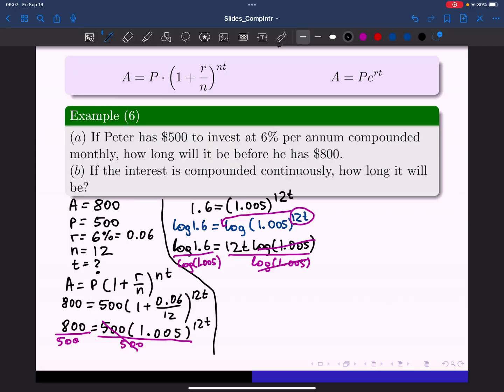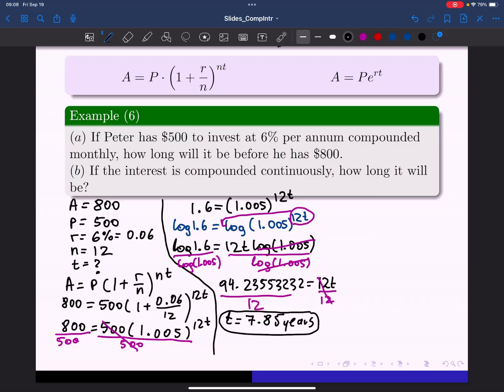I'm getting 94.23553232 is equal to 12t. So then we would divide by 12 to solve for t. So t is equal to 7.85 years. This is for my part A.